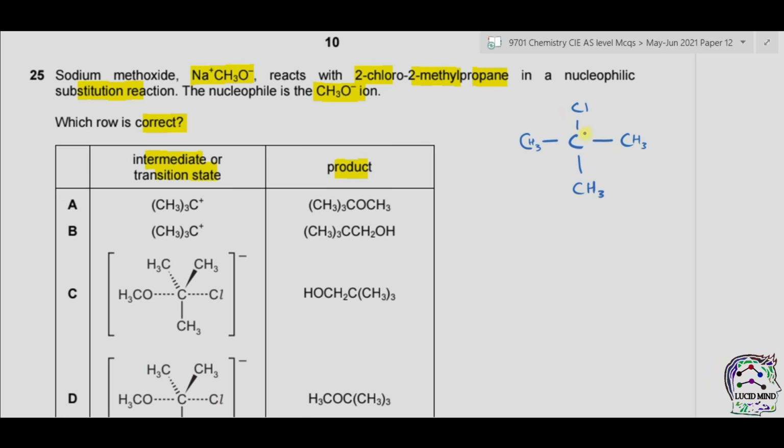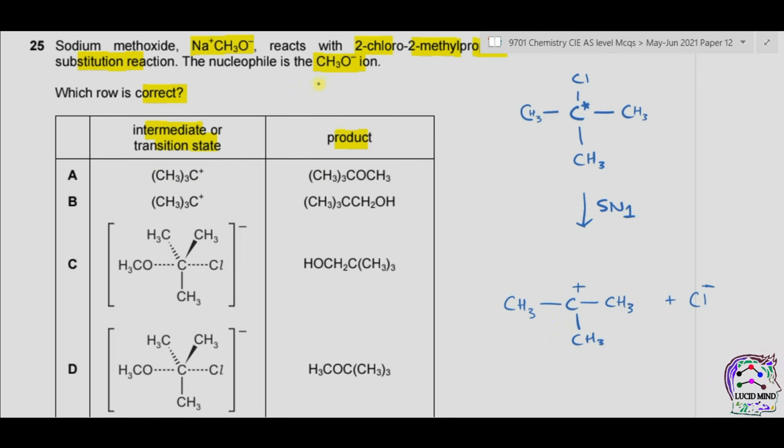Now this is an example of a tertiary alkyl halide because this carbon is directly attached to 3 other carbon atoms. Tertiary alkyl halide always undergoes nucleophilic substitution which is SN1. First this bond is broken by heterolytic fission and we have these 2 products, CH3 CCH3, this one becomes positive and Cl is removed.